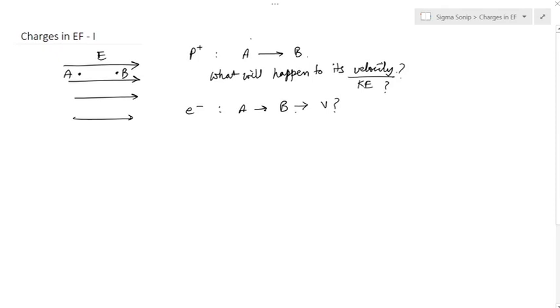Now, in this kind of questions, we need to be really careful to estimate the direction of force on the charged particle here.